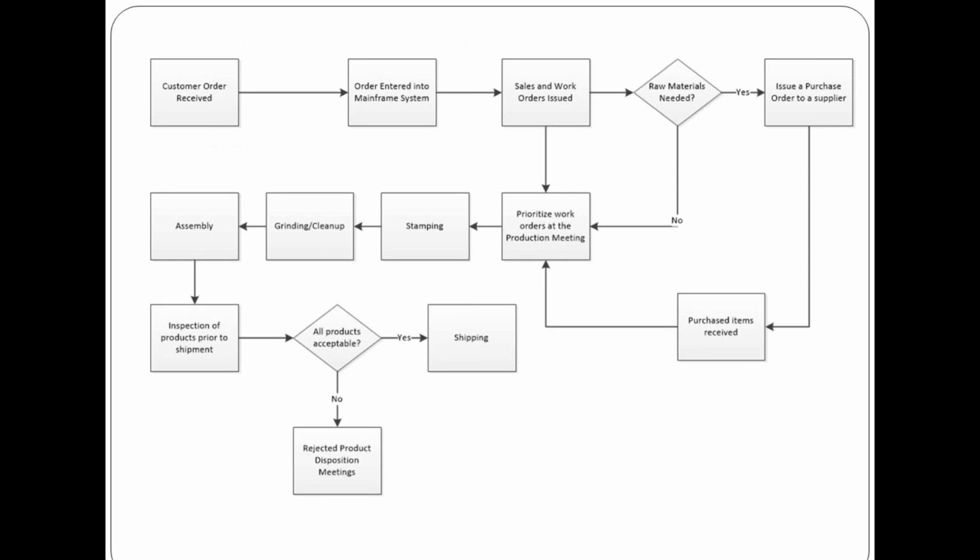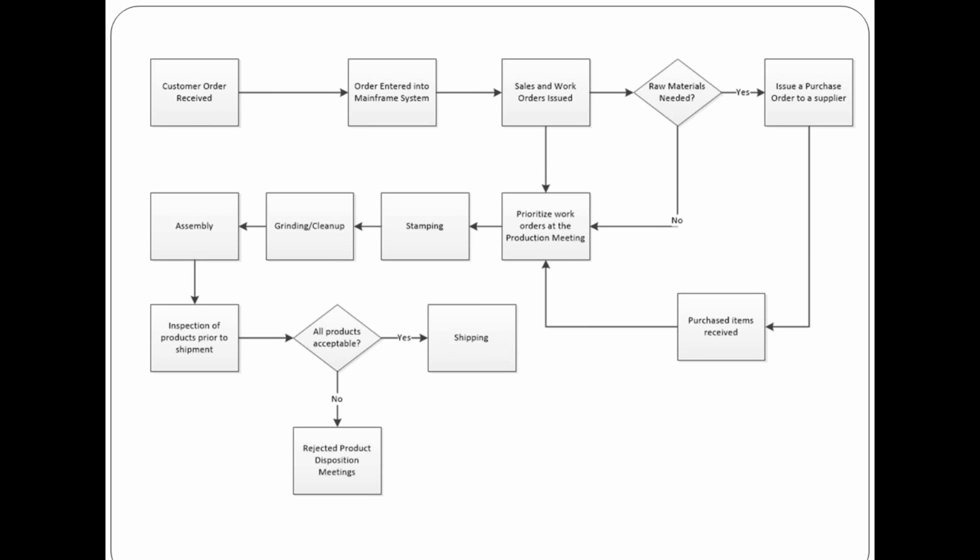Okay, here is our raw IOP. Now you will note that there are 12 boxes on here. Boxes typically indicate a process, and 2 decision diamonds. And do we take from this that there are 12 distinct processes? I suppose that's possible, but let's look at what some of these steps are.